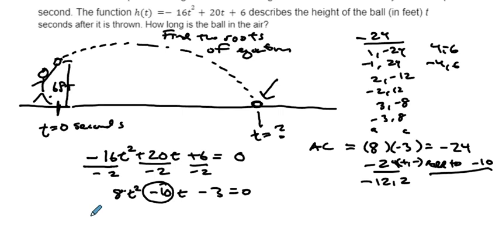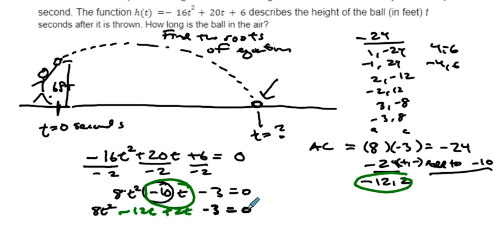So now we are going to decompose this. We go 8t squared, and we bust up this -10t into these factors, so we go -12t plus 2t minus 3 equals 0. Now, factor by grouping. I can pull a 4 out of both of these, and I can also pull a t out.